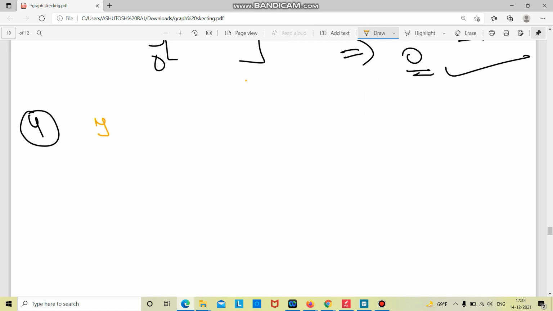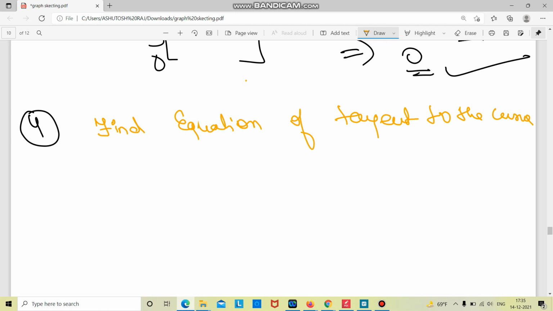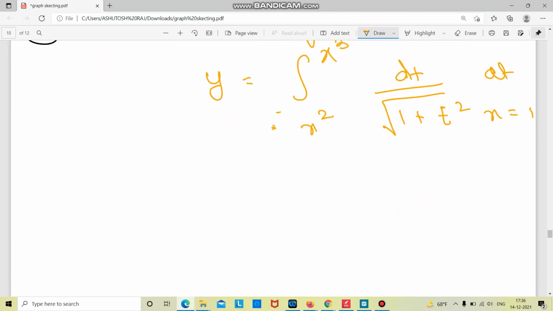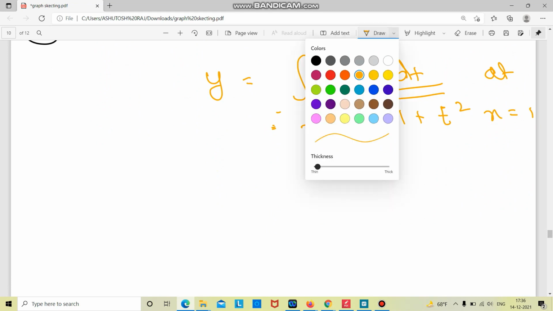So what we have to do is find the equation of the tangent to the curve y equal to the integral from x square to x cube of dt by under root 1 plus t square, at x equal to 1. It's very easy. Just you have to know the meaning of tangent and the Newton-Leibniz theorem.